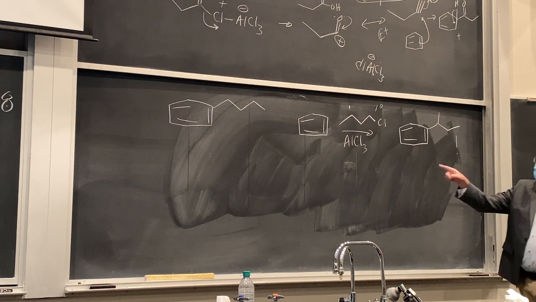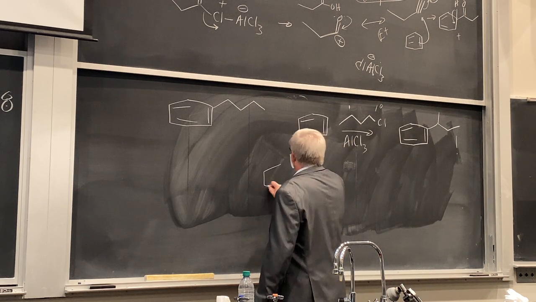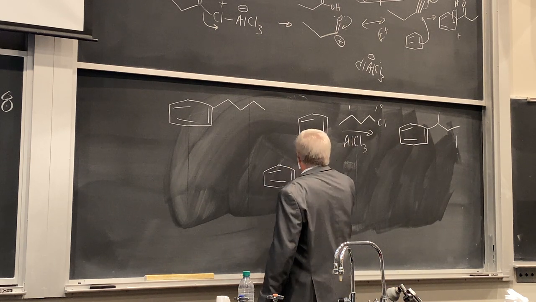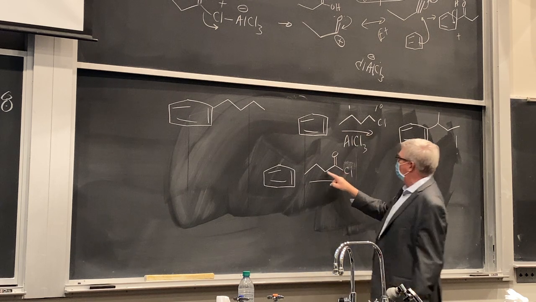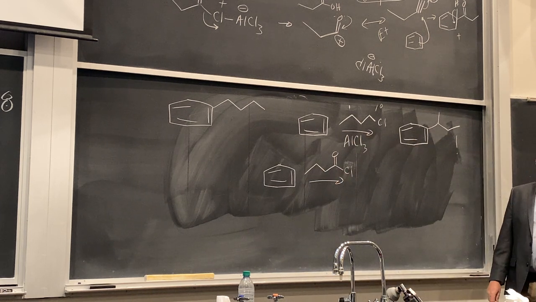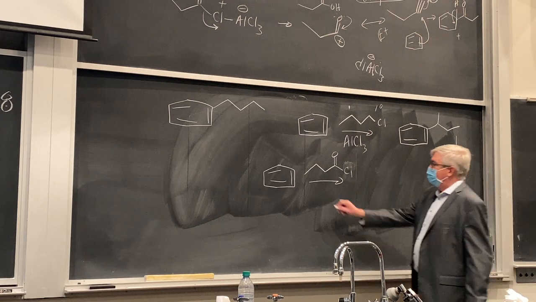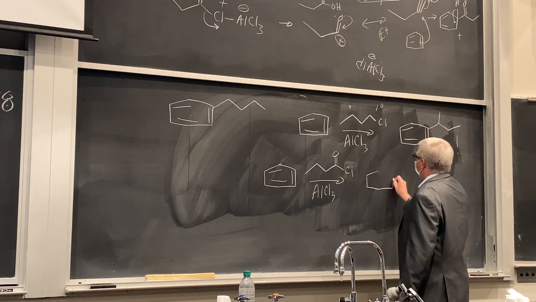So how are we going to make this thing here? Well, we're going to do it a little bit different. We're going to take the corresponding acid chloride that has 4 carbons. Okay. We're going to do a Friedel-Crafts acylation instead, and that'll be very good. Okay. We'll get the acylium ion on there.